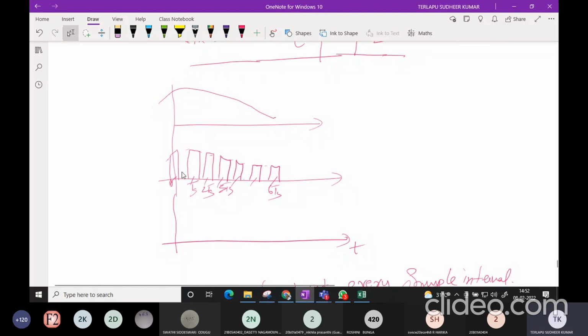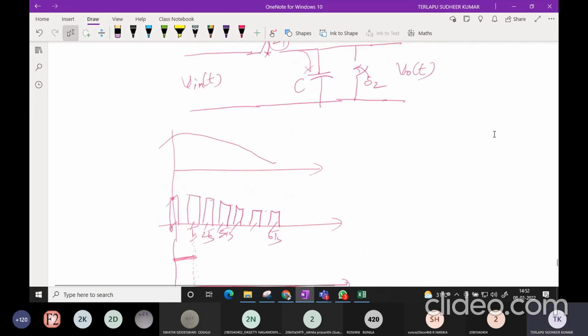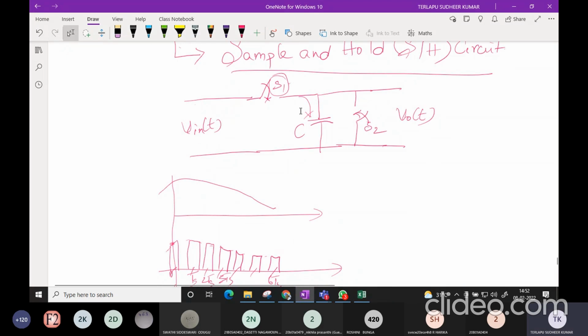If you observe here, this value will remain until the next interval. Follow me carefully. Until the next interval time, this output will be held across the capacitor, so the same sampled voltage will be held.